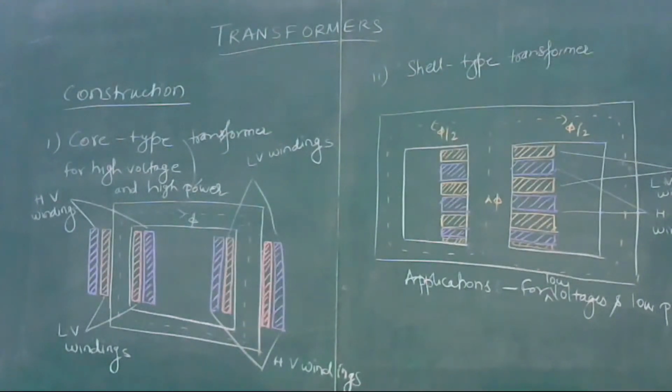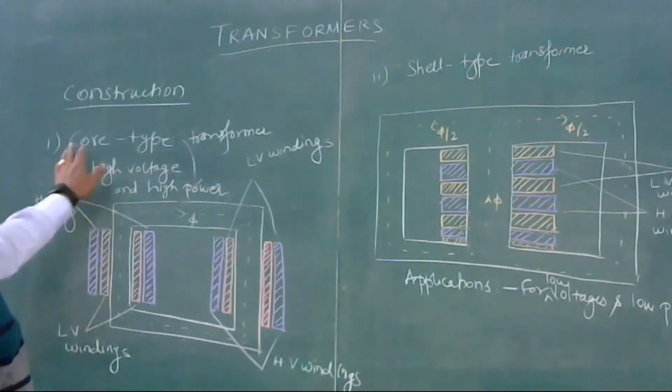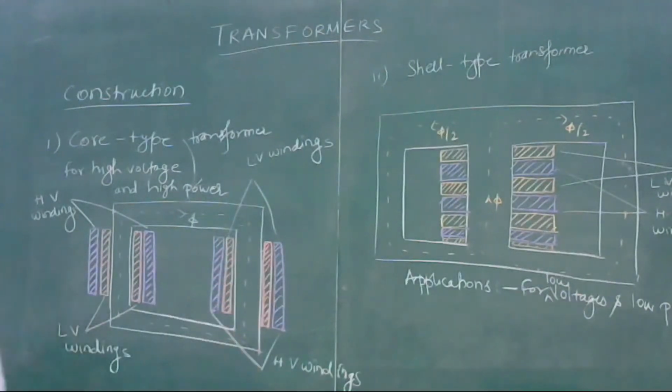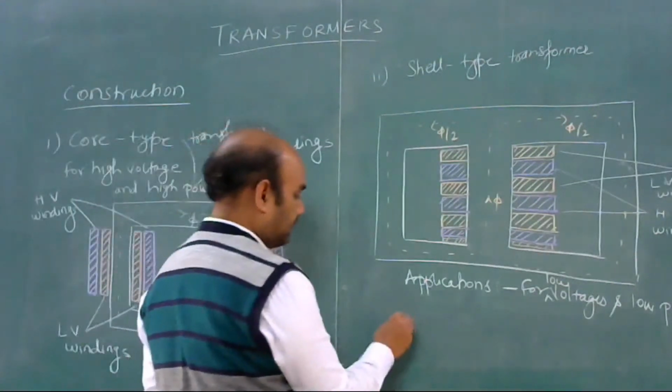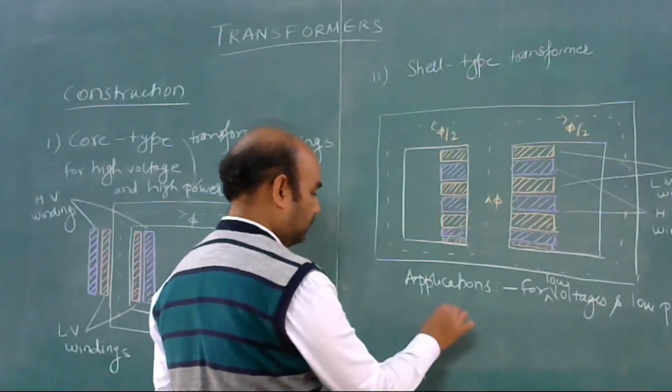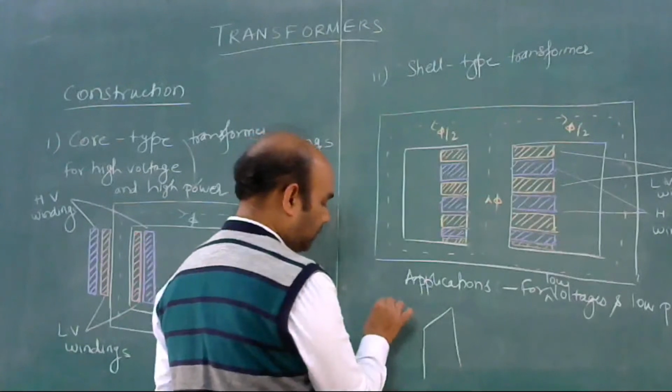So now this core of the transformer is made up of silicon steel.